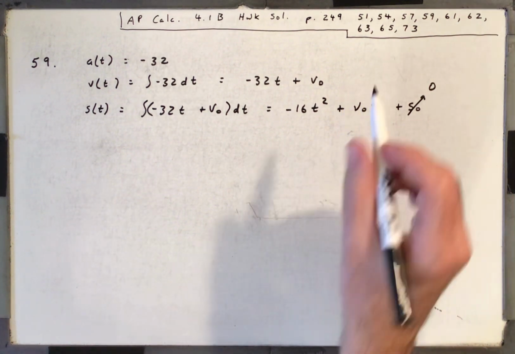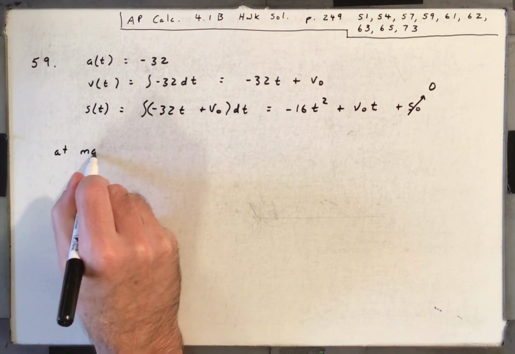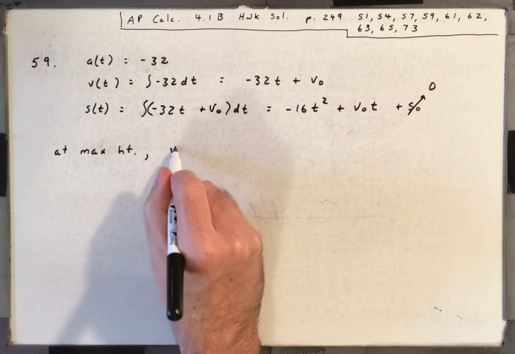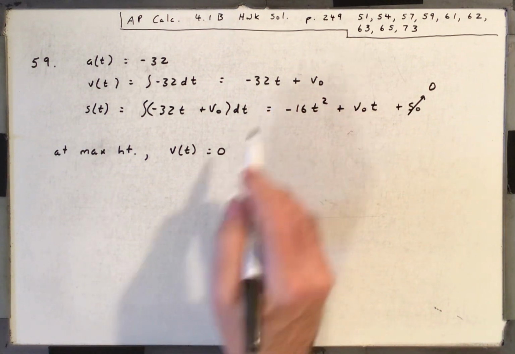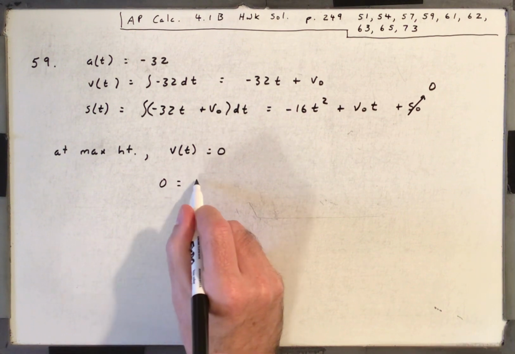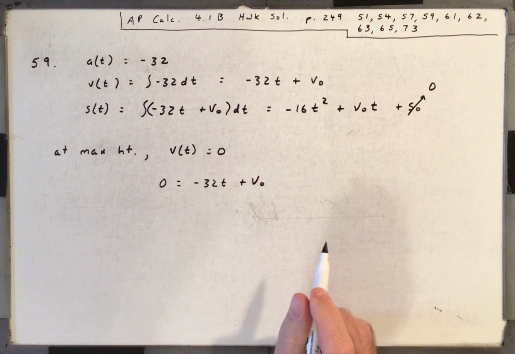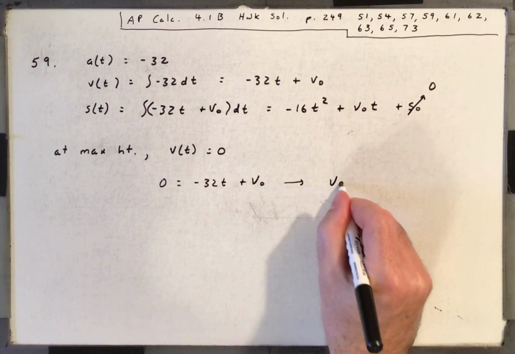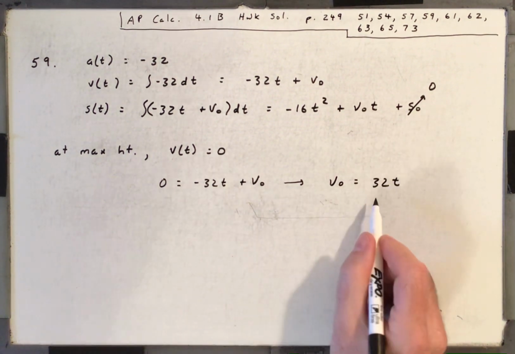All right, well, we know at max height, which is 550 feet, v of t is equal to 0. So we know then from this equation here that 0 is equal to minus 32t plus v naught. So v naught then is equal to 32t. I just moved that negative 32 over to the left.